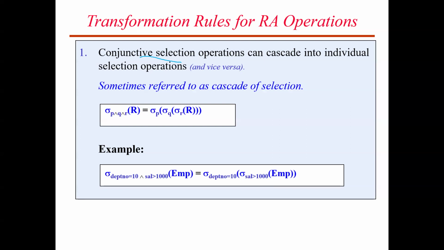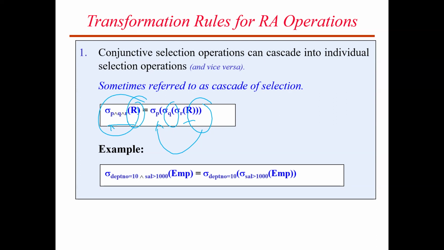It means we select P, Q, R from a relation R. It is equivalent to saying select P, select Q, select R from R. So it is like you are selecting one condition from the table R, then you are selecting another out of it, and then the next. So it is equivalent to saying select P, Q and R conditions from the table R.